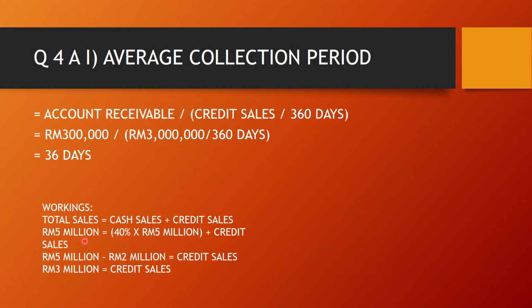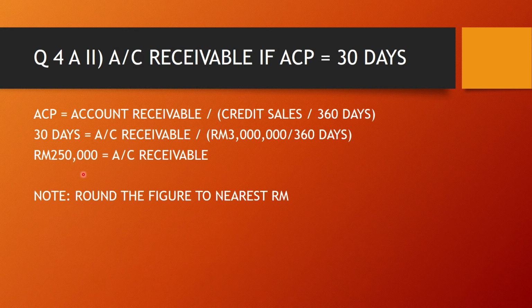By using this information, now we can know the amount for credit sale. So total sale 5 million minus cash sale 2 million, credit sale will be 3 million. With that information, now we can complete the formula for average collection period, and the answer is 36 days.